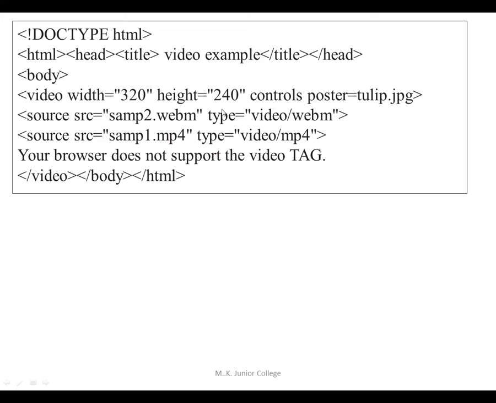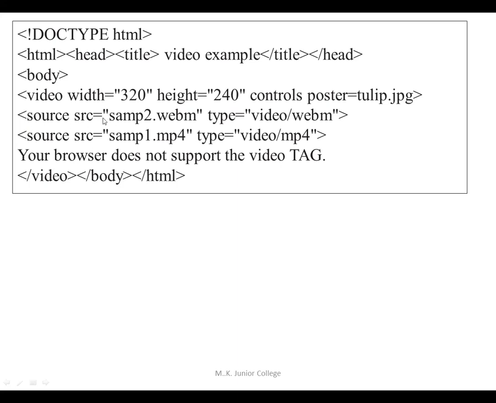Controls I am giving here. Then I am using the poster attribute. At the beginning, under the poster, I am giving tulips.jpg. So when your page gets loaded, your video will show you the picture of tulips.jpg till you click on the play button.